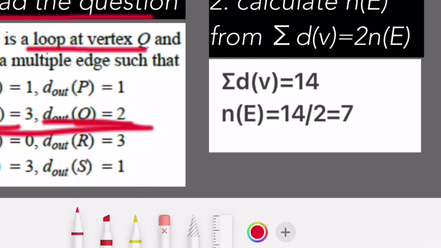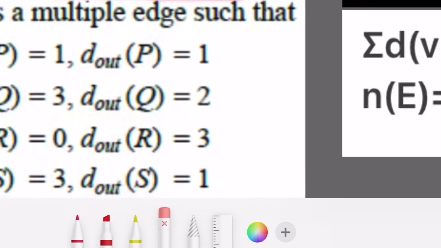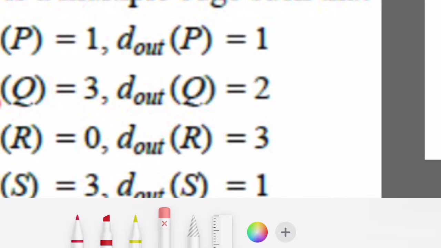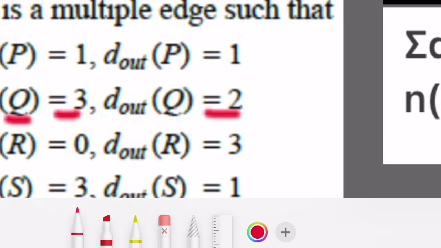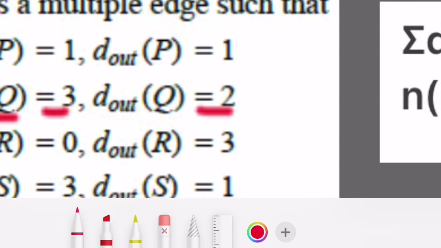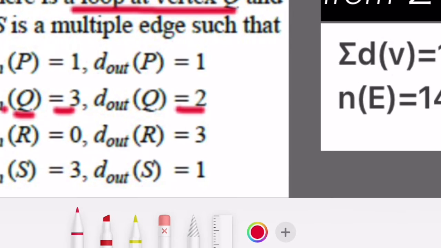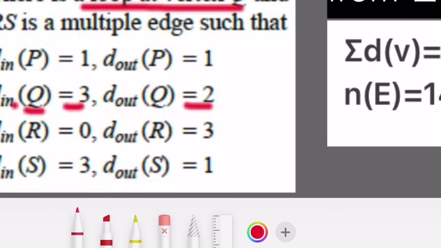As you can see here, D in is 3, D out is 2. So we have D in, D out. We look at the question. We know that RS is a multiple edge.